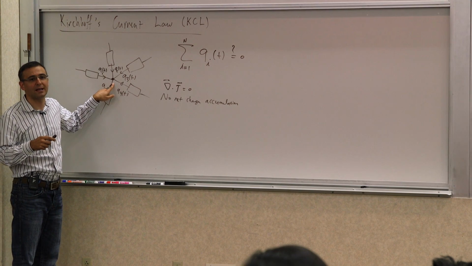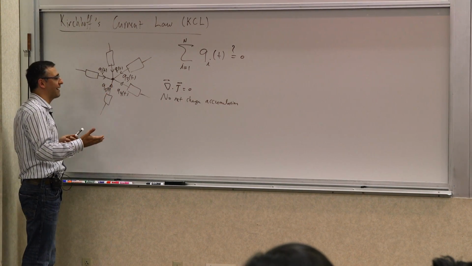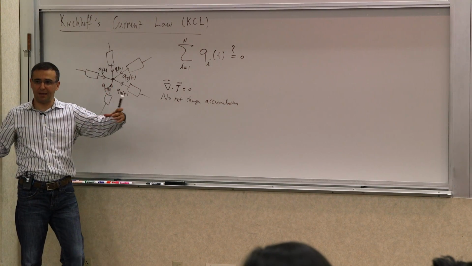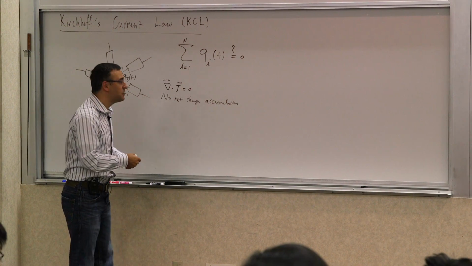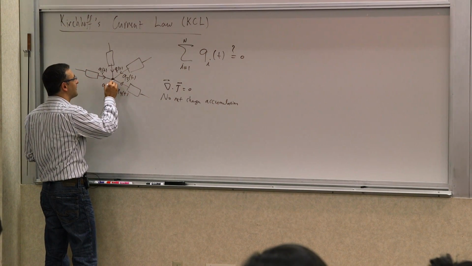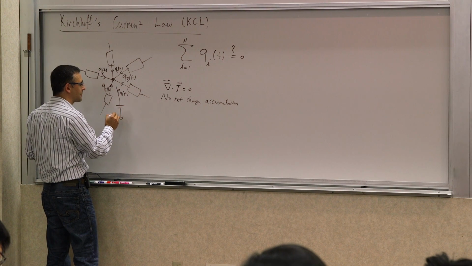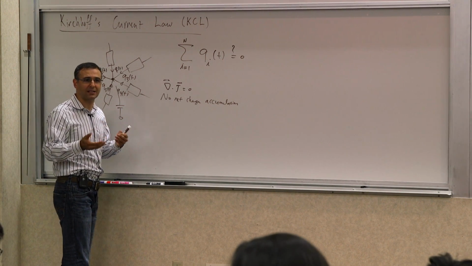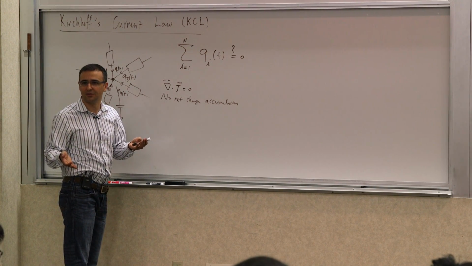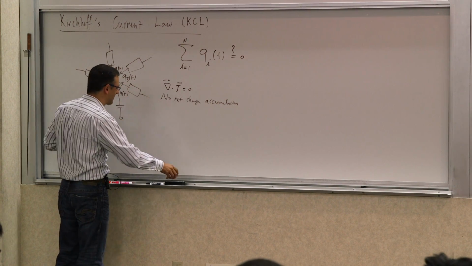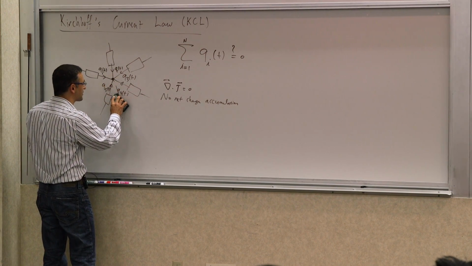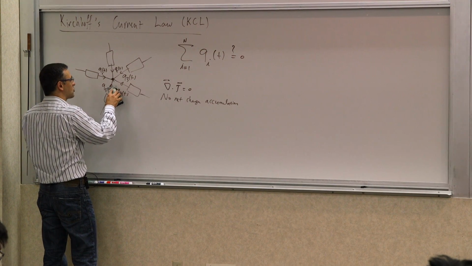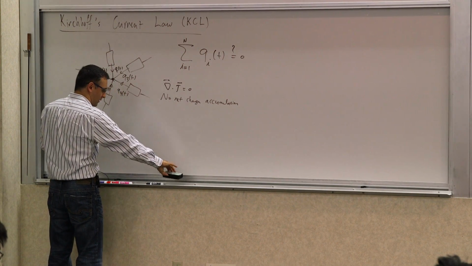If this node is an ideal node, this will not happen, but this node can have a capacitance. If you make it out of a big metal that has a capacitance to ground, then you really have a fifth element here, or sixth element, which is that capacitor to ground. And if you take it into account, again, there's no charge accumulation. You just need to think about these things because there's a negative charge accumulating on the other side. But that's not what we are talking about right now.